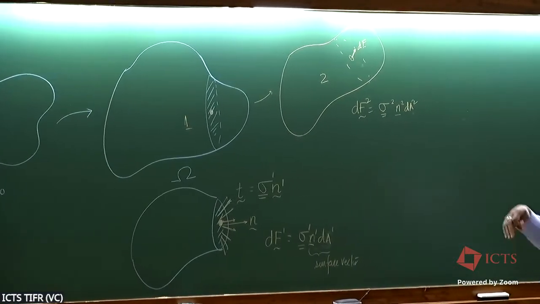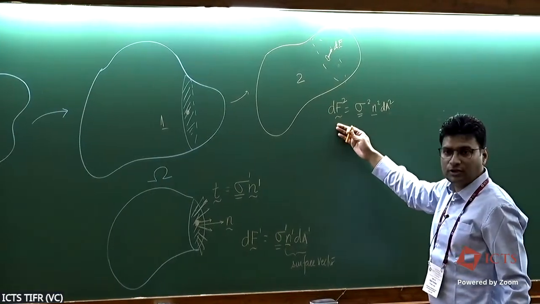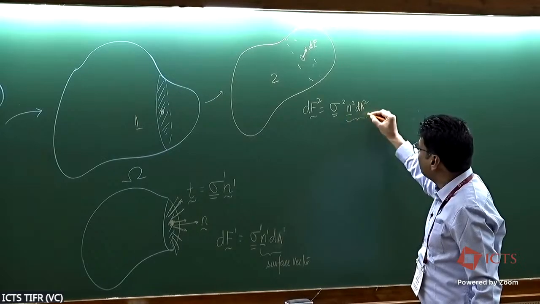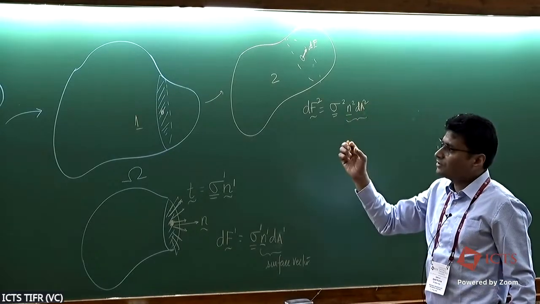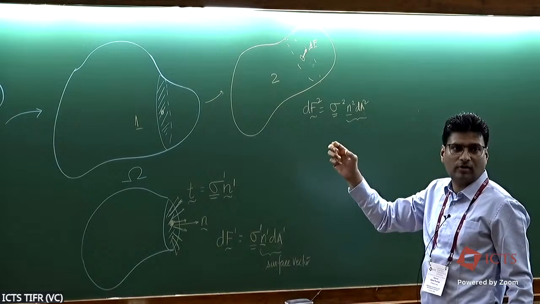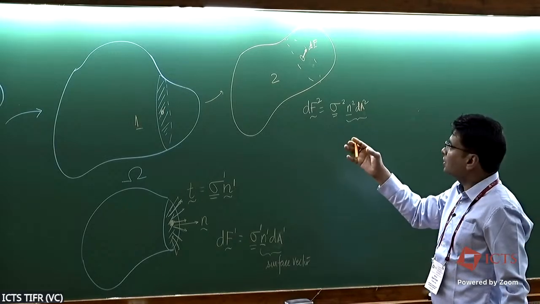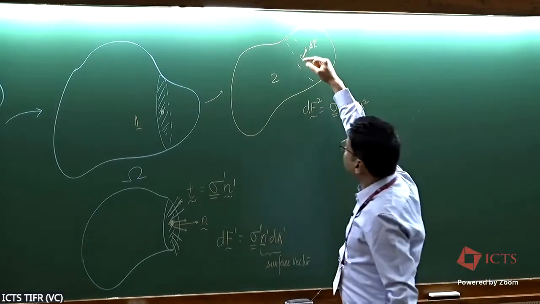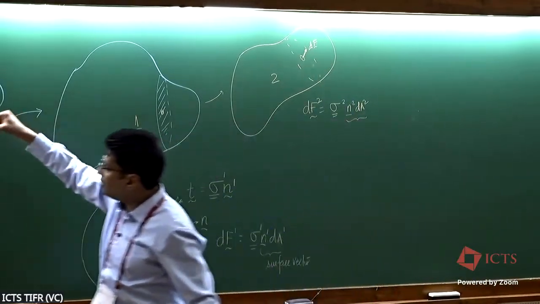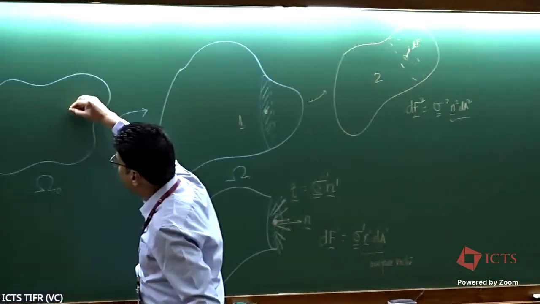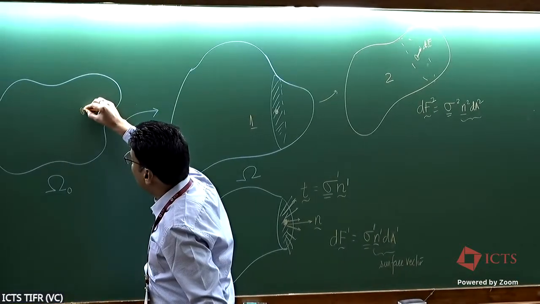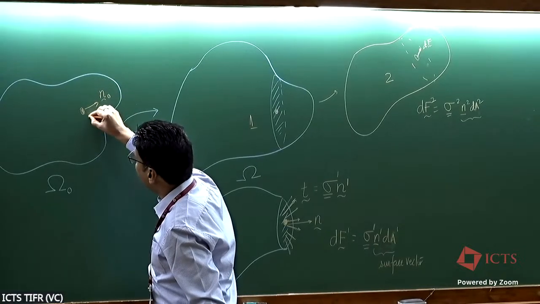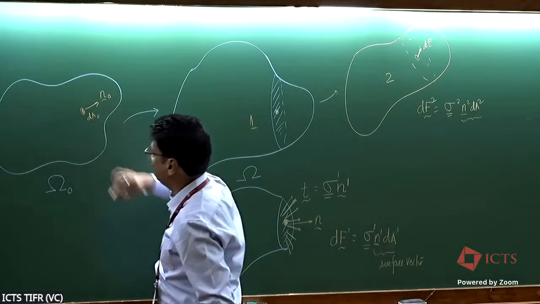The problem with computing the force in this way is that you have to keep track of what's happening to that small tiny surface. What is the current normal? Is it possible that you can write the same thing in terms of what this small surface originally was over here, which will have some normal, let's say N0, and the area dA0.